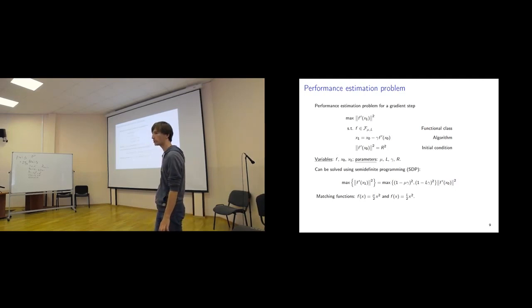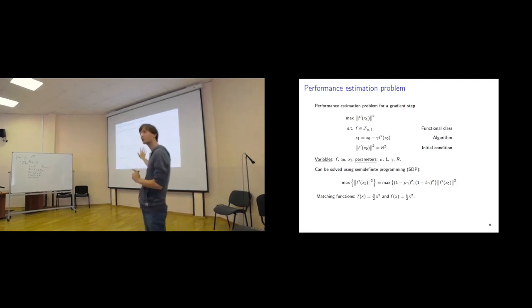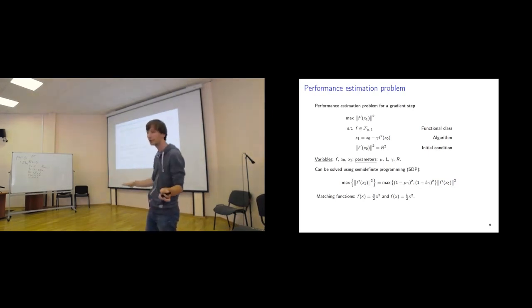Okay, questions? Yes? Why do we choose as a criterion for worst performance the maximum gradient norm? Okay, I have two answers. The first one is I just choose it because it's simpler. This problem is really the simplest one you could expect because you don't have the optimal point as a variable.